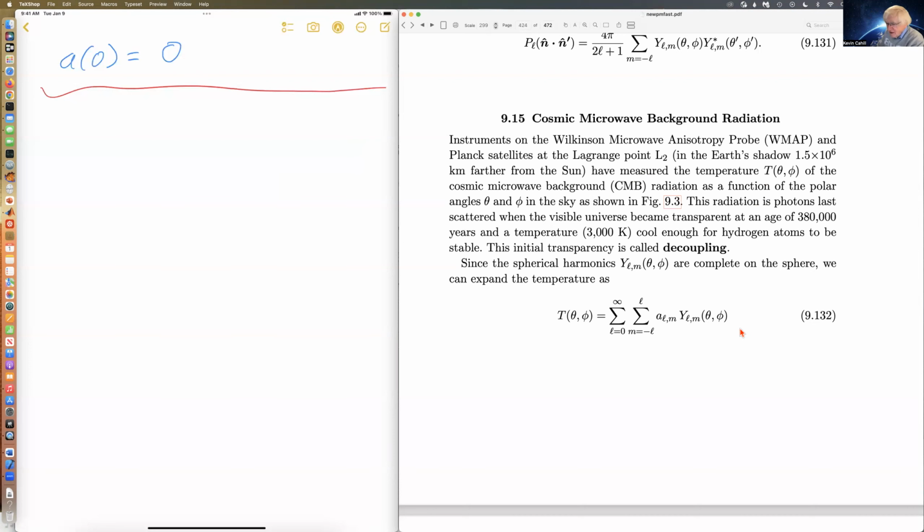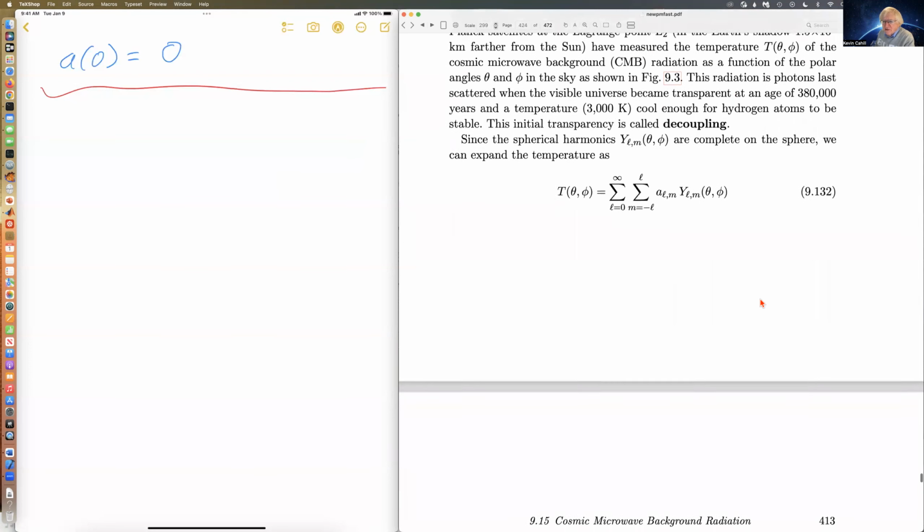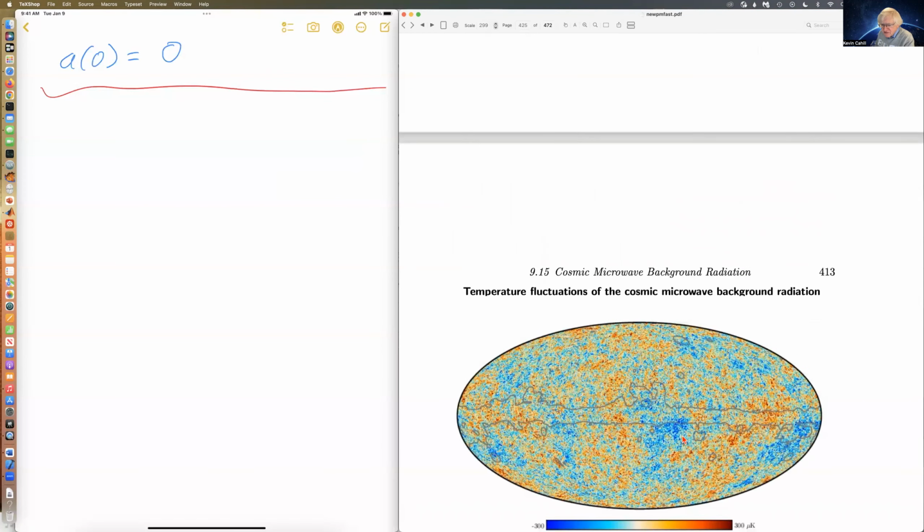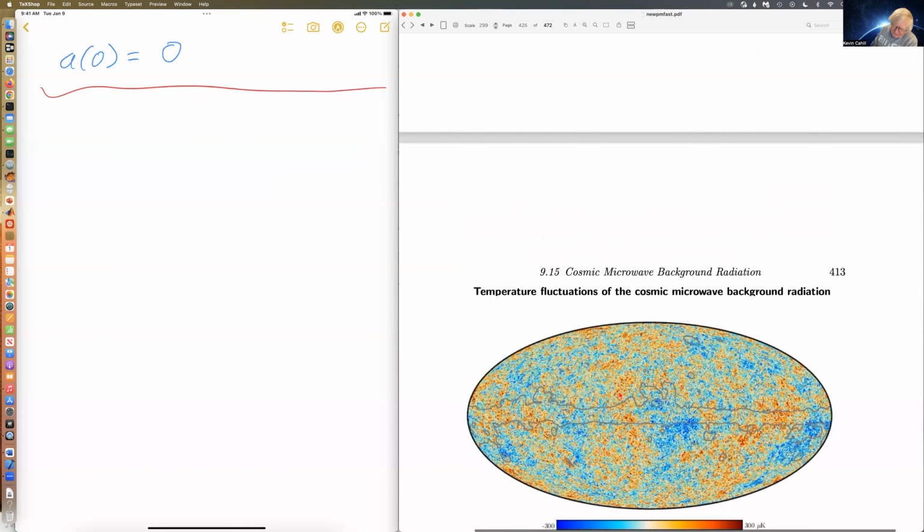Actually, anyway, so what does one do? How does one interpret this? This is a map of the CMB, the intensity of the CMB, and it's remarkably constant.